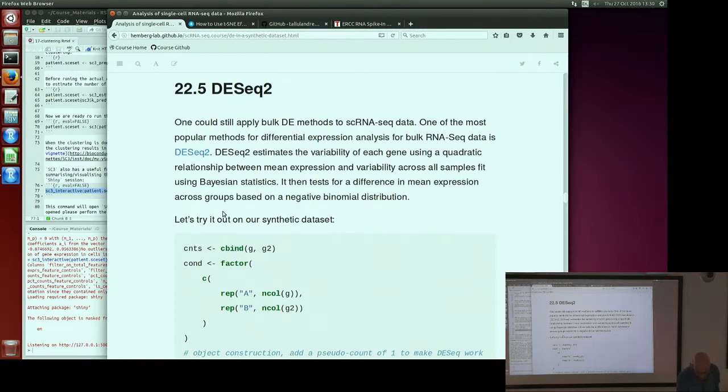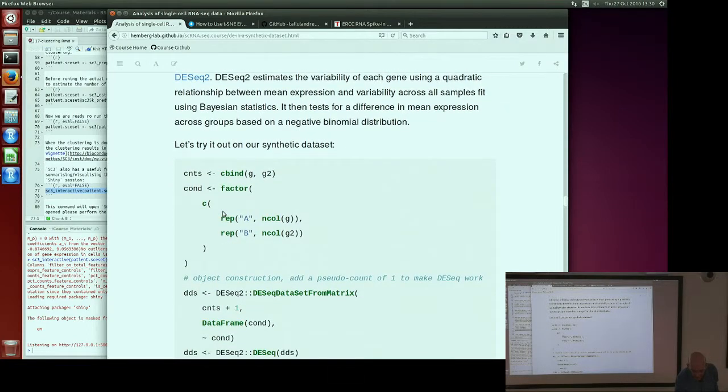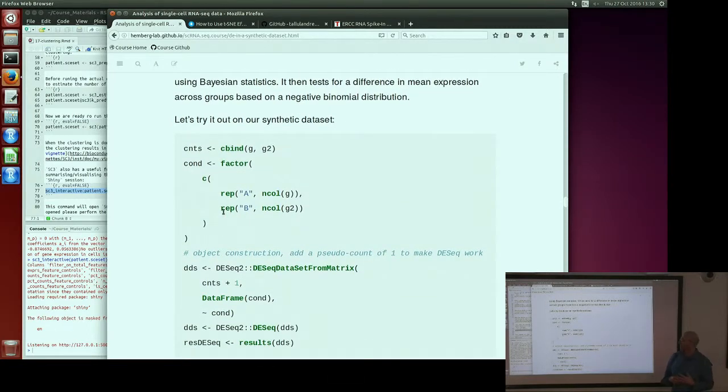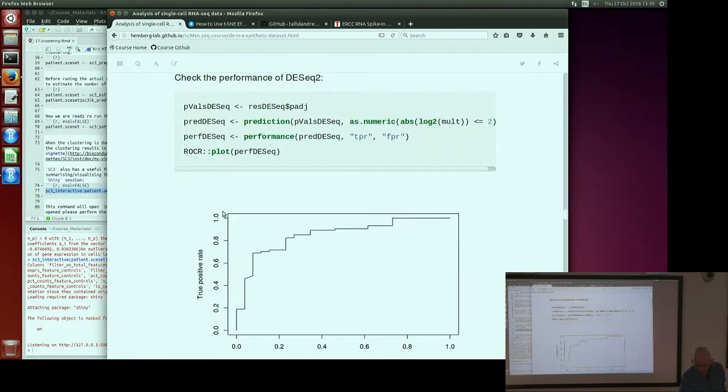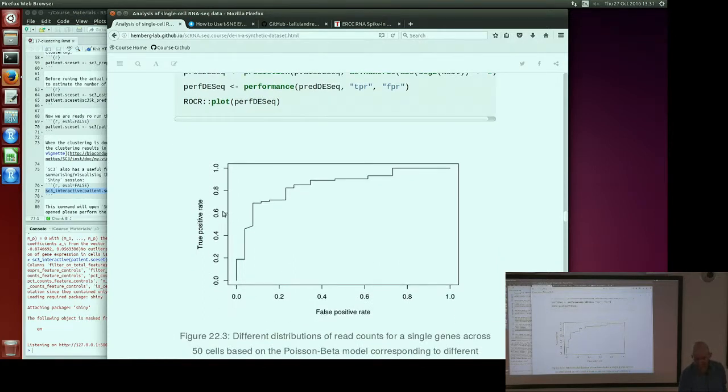But for illustrative purposes, we're going to use it anyway. So here is the code for how to run DESeq2 on the synthetic data. And we can go through the same type of analysis, calculating true positives and false positives and the associated rates, as we did with the KS test.